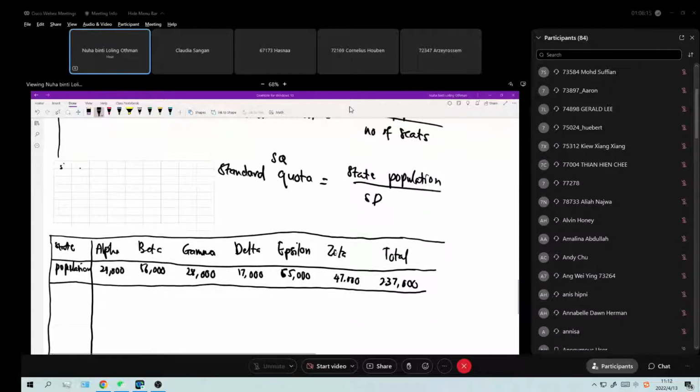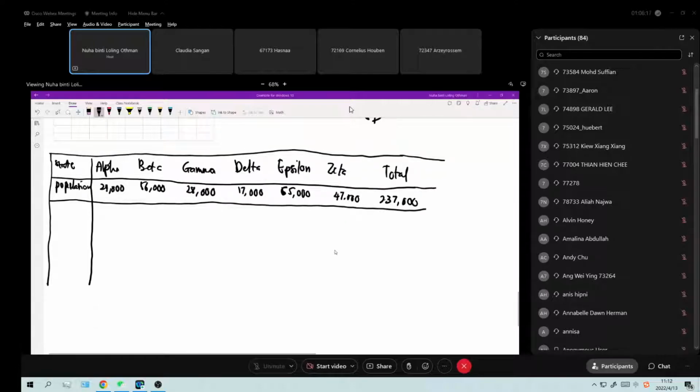So to make it easy so that you know how this apportionment works, you have this first method that you need to know. This is by example, because an example is very easy to follow.